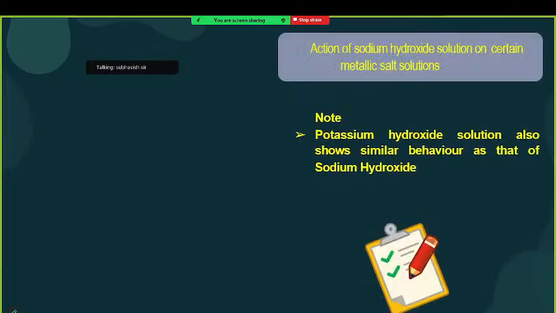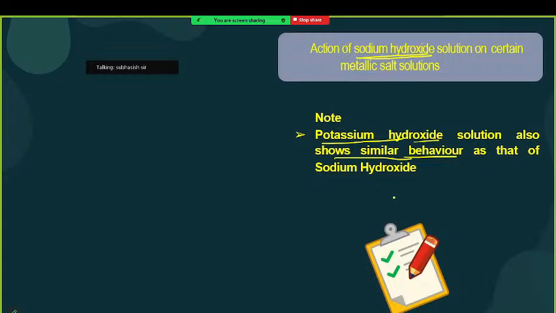Now the action of sodium hydroxide on metal salts, what is the color of the precipitate, that we should discuss. Initially, one important thing to consider: in most cases we use sodium hydroxide as a reagent, but potassium hydroxide can also be used in place of sodium hydroxide, and it shows similar behavior.